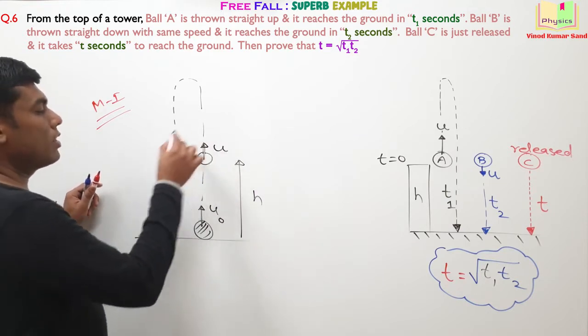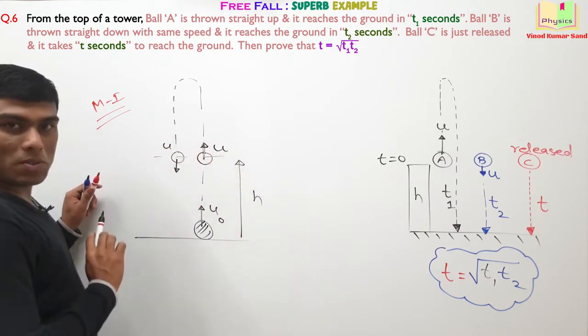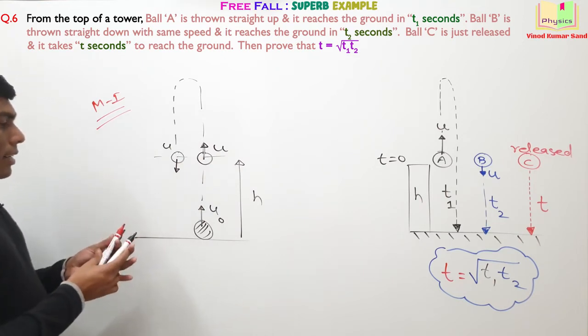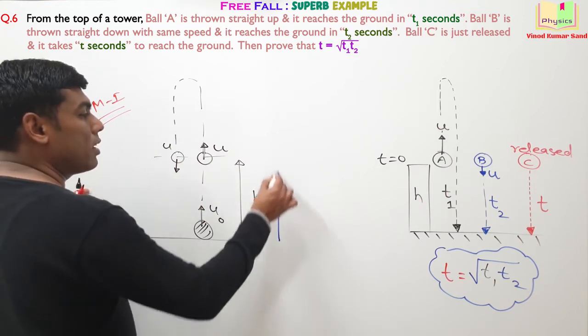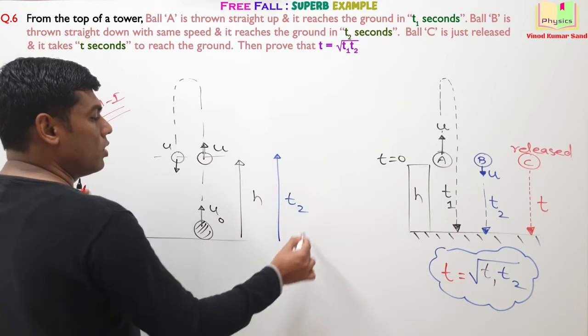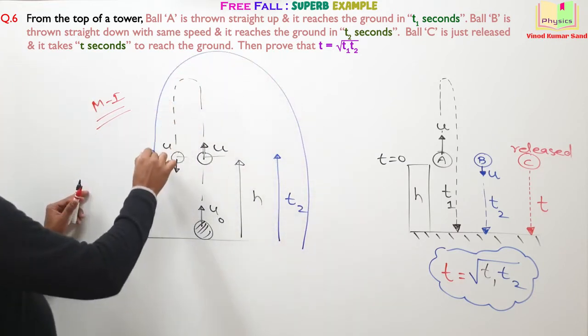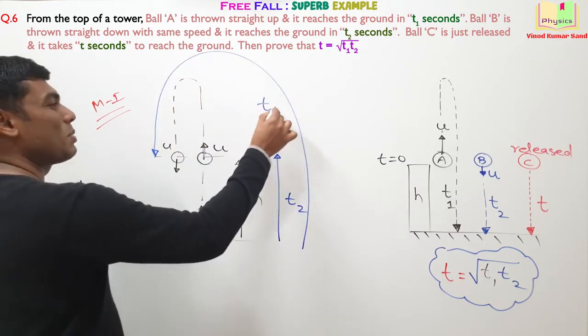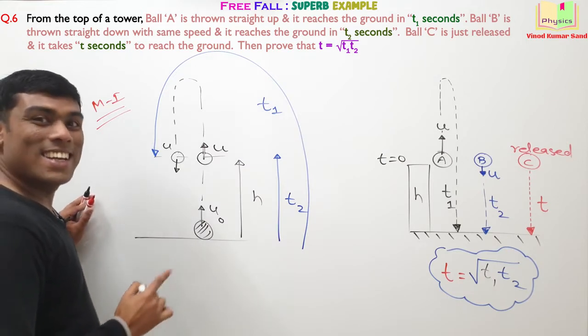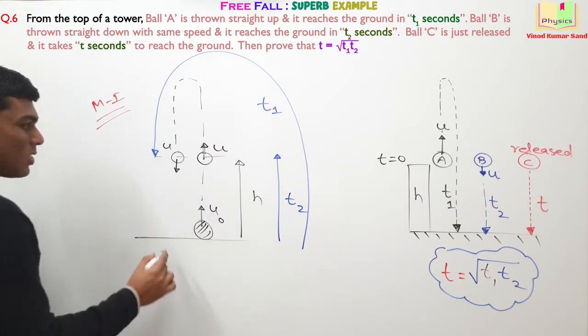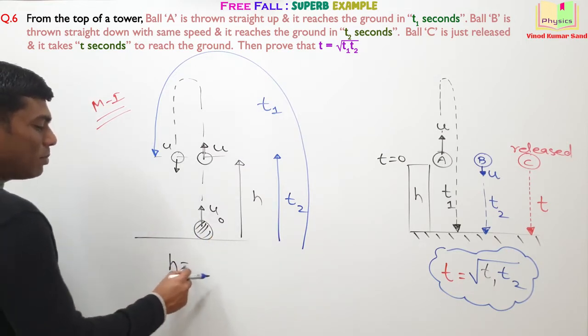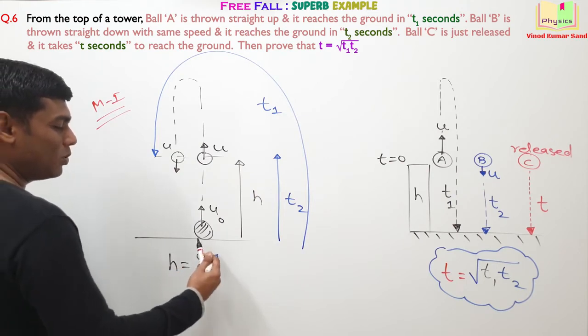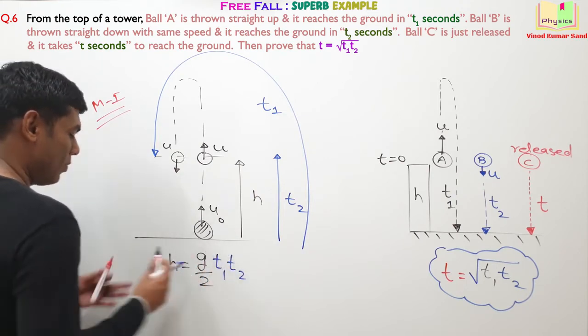Suppose at this level the speed is u. We know it by symmetry. Is it okay? And I take up this time as t2 and this time as t1. Do you remember something? Correct. We have proved it in this video that h will be equal to g by 2 t1 t2. Is it okay?